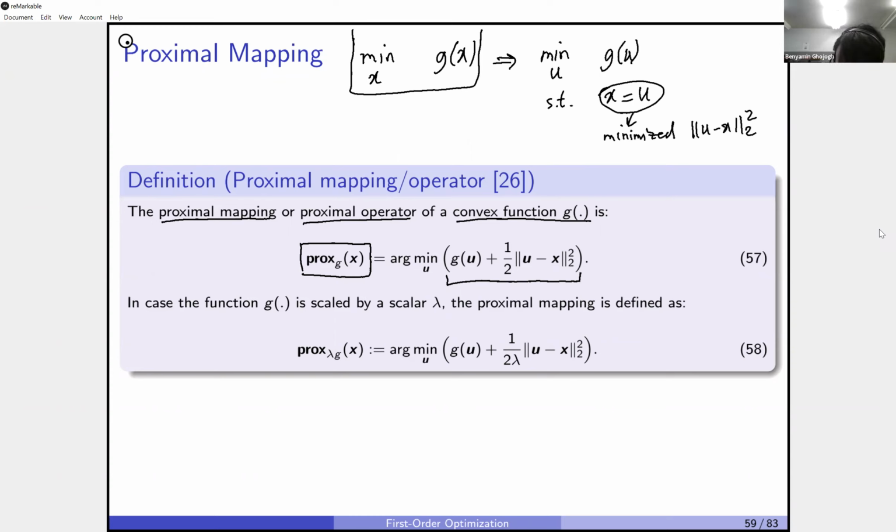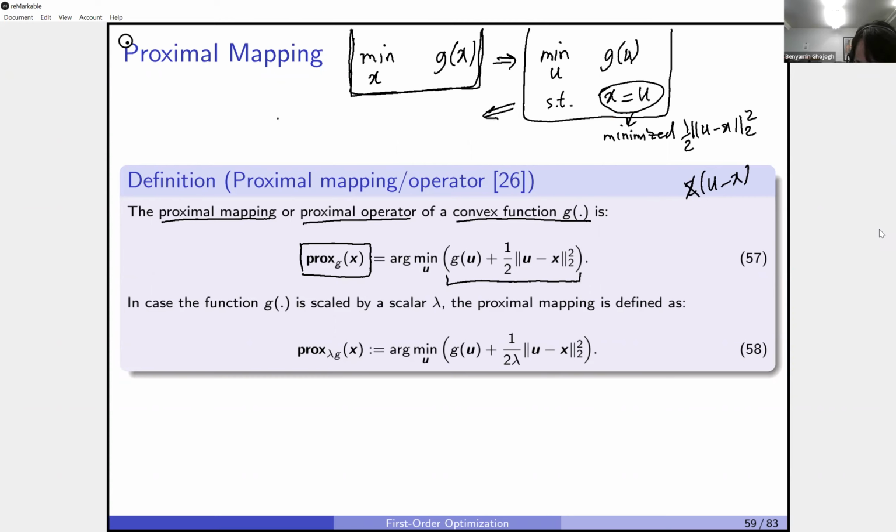And because we know that the derivative of the squared L2 norm will be 2 times u minus x, in order to cancel that 2, we can have 1 over 2 in front. So what we are doing, we are having this optimization problem. We are having a change of variable where in the constraint we say x equals u, and then we have a third step.